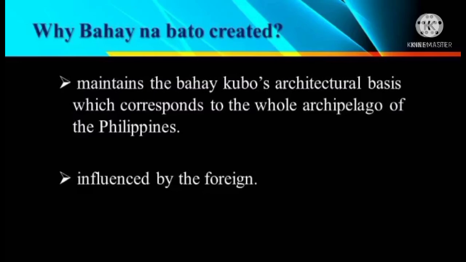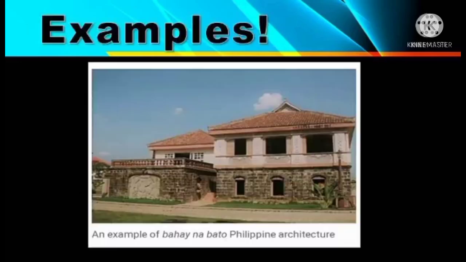Next is the foreign influence. Thus, what was created was a hybrid of Austronesian, Spanish, and Chinese architecture, with American influence during the American era, supporting the fact that the Philippines is a result of these cultures mixing together.